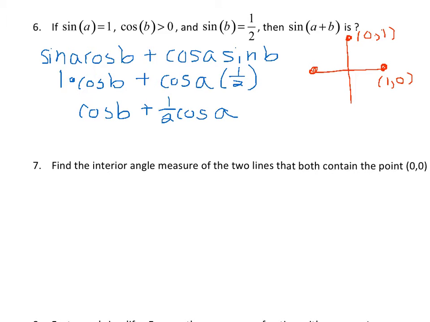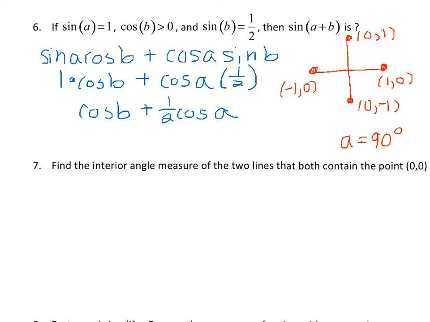The coordinate at 180 is -1, 0. And the coordinate at 270 is 0, -1. So if sine of A equals 1, A must be the angle 90 degrees because that is the only place where the sine equals 1.